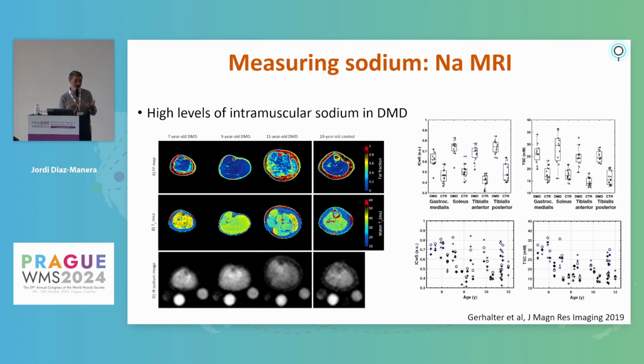So in patients that are asymptomatic with a muscular dystrophy, you could potentially use sodium to identify an increase in the amount of sodium in the muscle fibers. This is a nice picture of patients with Duchenne, where you can see this increase in the signal, and you can see here the muscles of the Duchenne patients that have higher sodium than the controls.